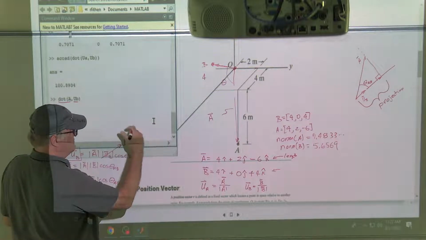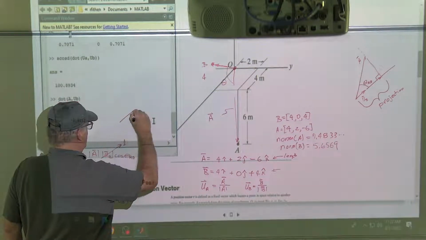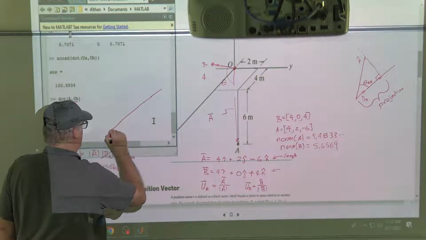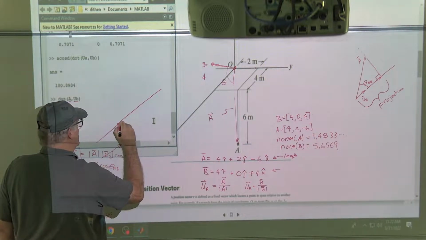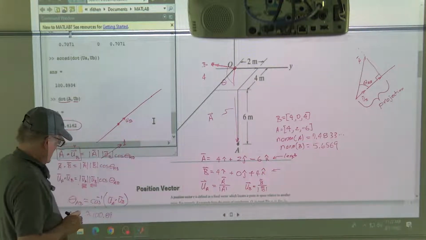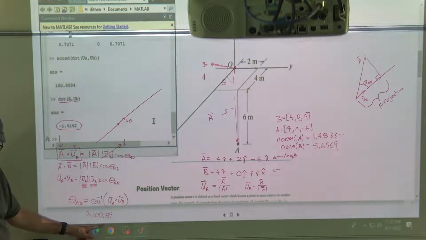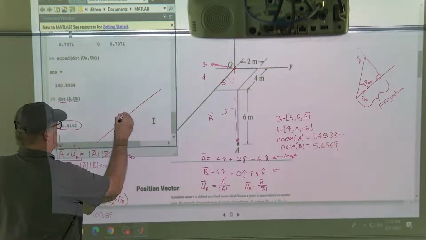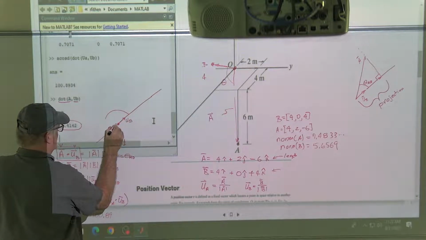So here I'll draw it this way. I'm drawing the same drawing as I was over there. So here's my UB, but notice the angle. It's 100 degrees, right? So there's 100 degrees between these two. So it's like, ooh, it's back here.